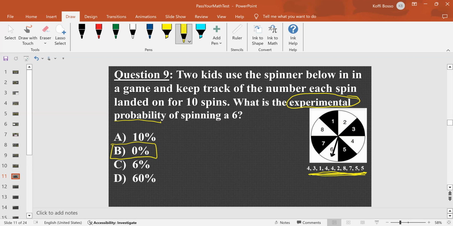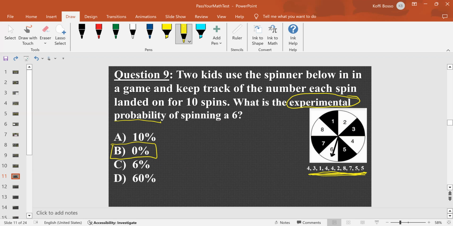So we will not focus on the values on the spinner, but we'll focus on the result they got. That's why they say experimental. So we're going to focus on 4, 3, 1, 4, 4, 2, 8, 7, 5, 5. We'll not focus on the values on the spinner. In case they say theoretical probability, then we'll go to the spinner.